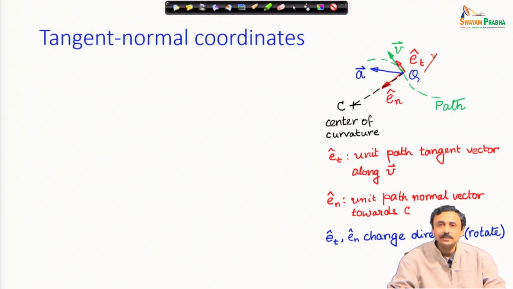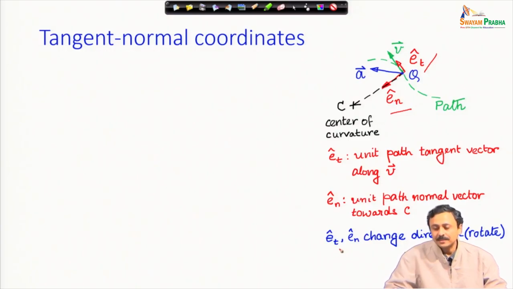E n is normal to the path. Now, you can choose 2 normals, one away from C and one towards C. Here I am choosing towards C. In tangent normal coordinates we always choose E n towards C.